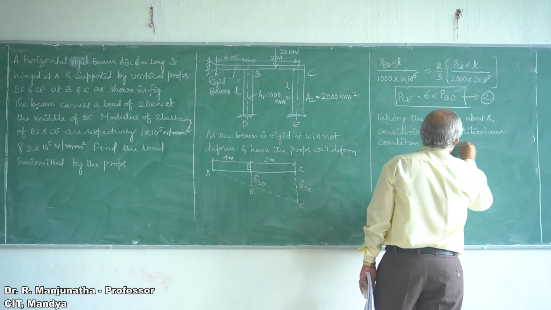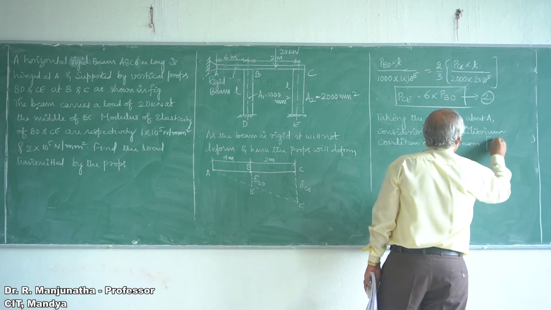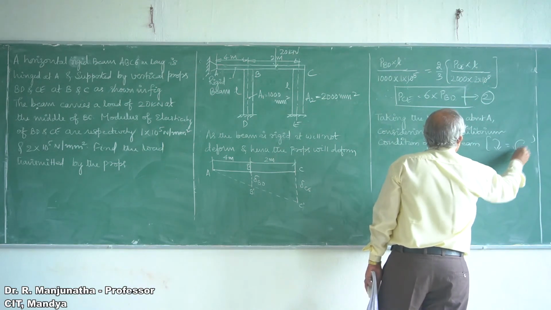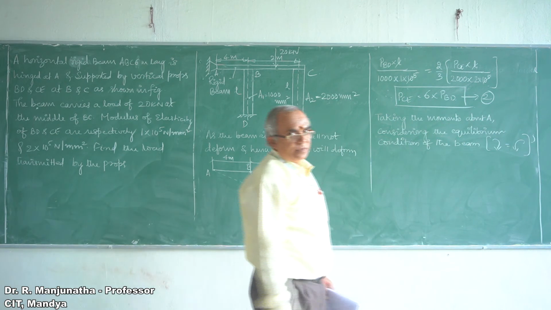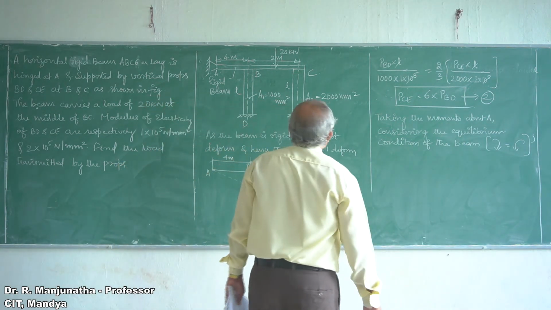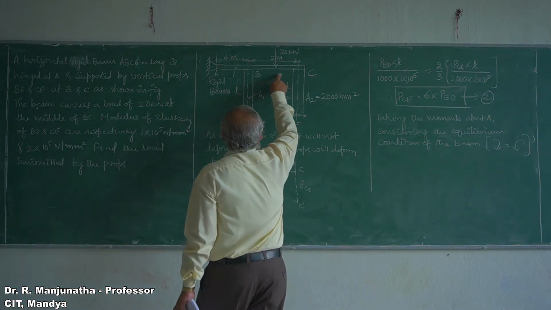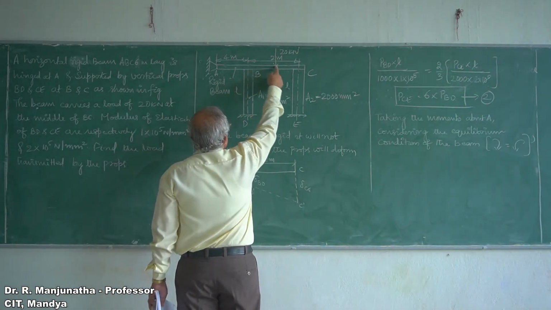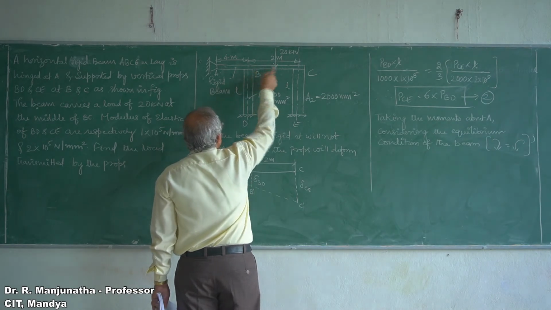So the sum of the clockwise moments will be equal to the sum of the anti-clockwise moments. 20 into 5, because it is at the midpoint, 2 meters divided by 2 gives 1.